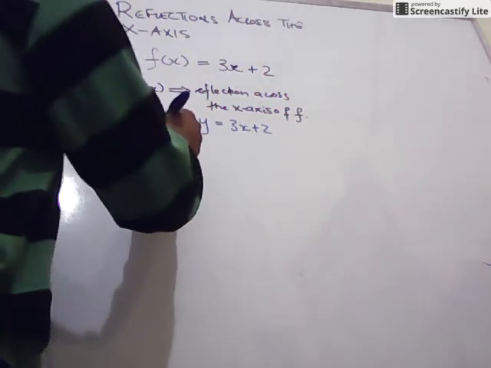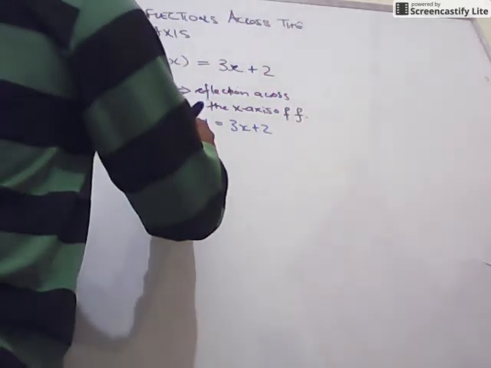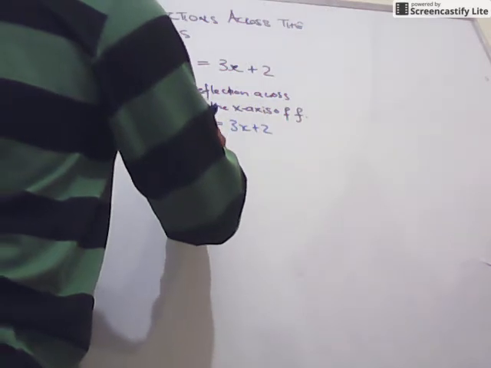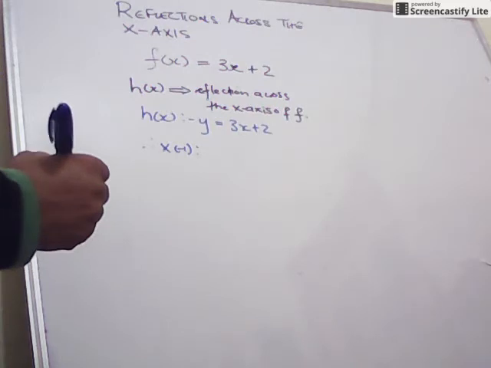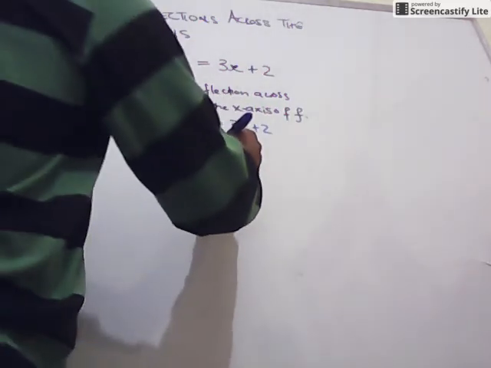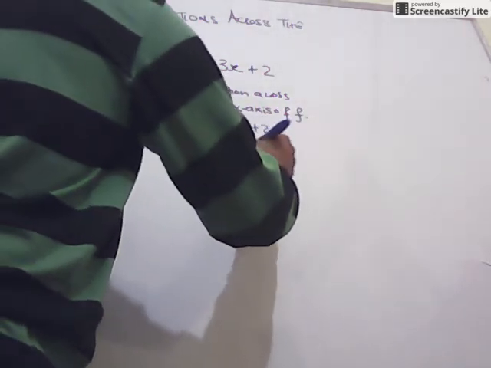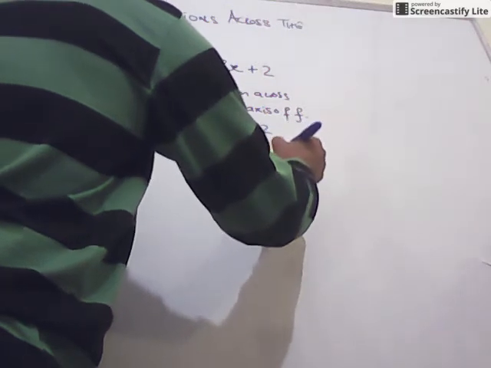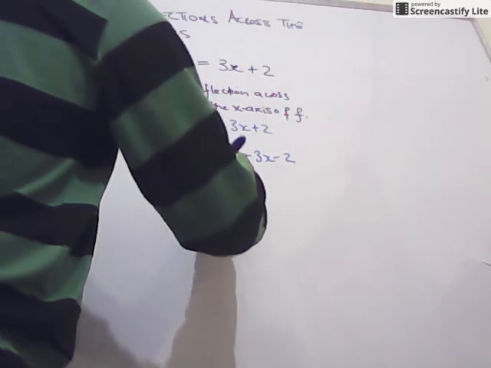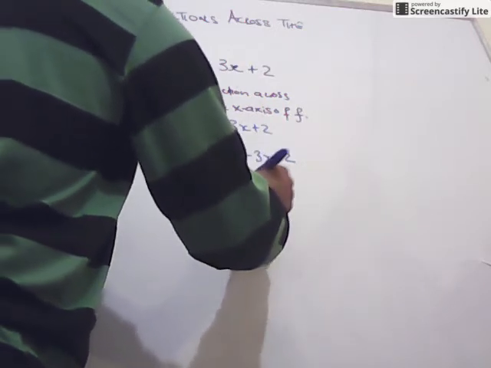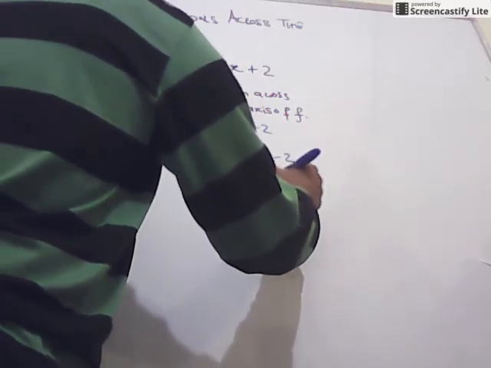Because it's negative y, we need to multiply everything by minus 1. So my reflected function will be y equals minus 3x minus 2, which means h of x will now be minus 3x minus 2.